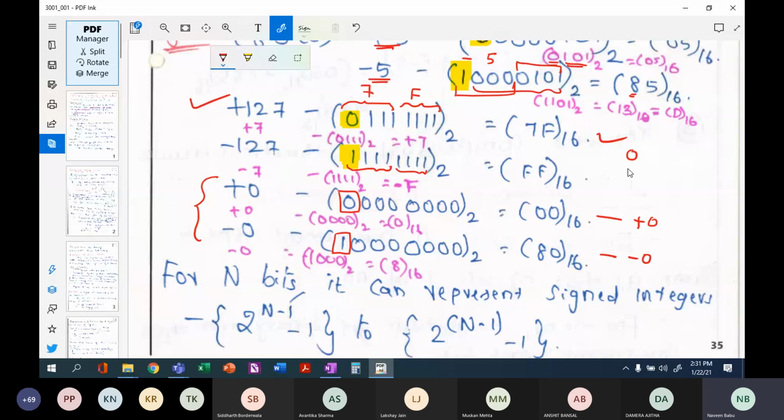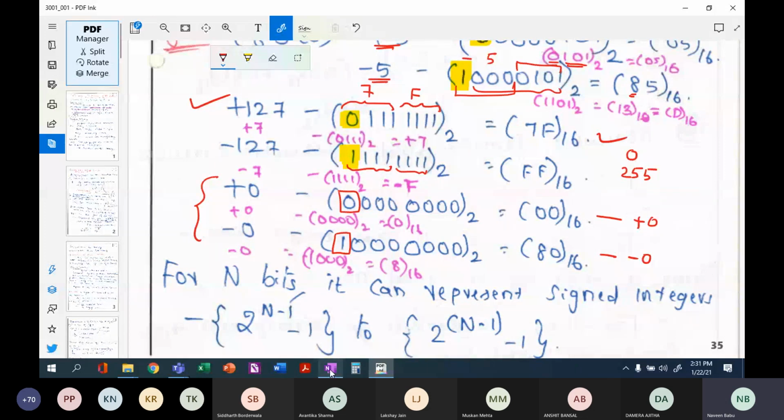And what is the maximum value of 8-bit that is possible? 255 is the decimal value which you can represent using 8 bits. But here, because you are taking away 1 bit for representing your sign, you are representing only 127 in positive magnitude, and in negative magnitude you are representing another 127.